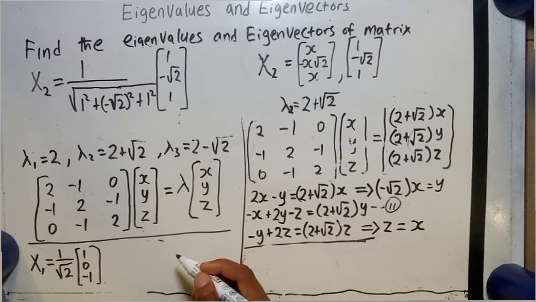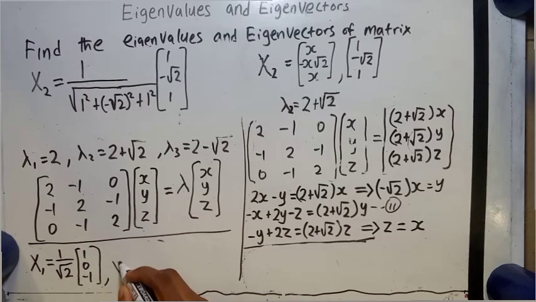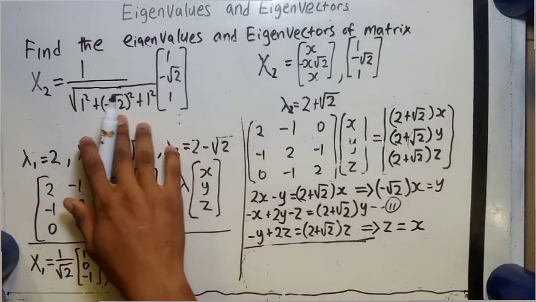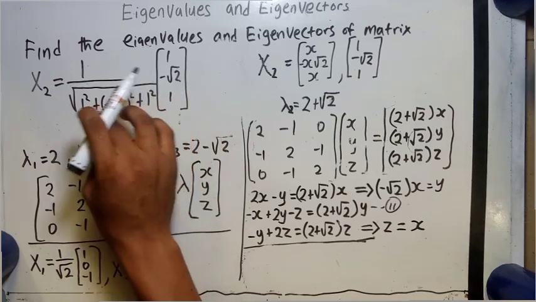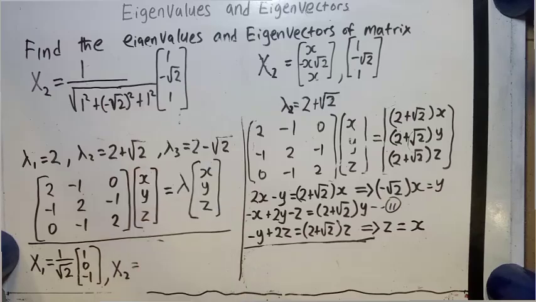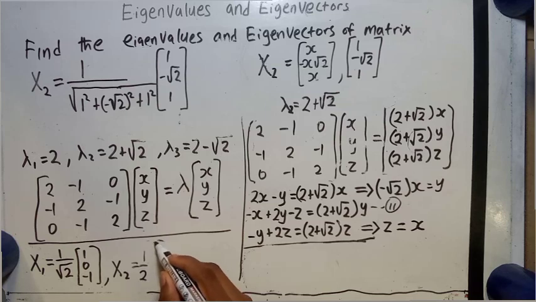Okay, now from there we have that our x2 is going to be, solving this with the calculator, this guy will give you 2. This is 1 plus 2 plus 1, which is 4. Square root of 4 is 2. So we'll be having 1 over 2 of 1 root 2 and 1.